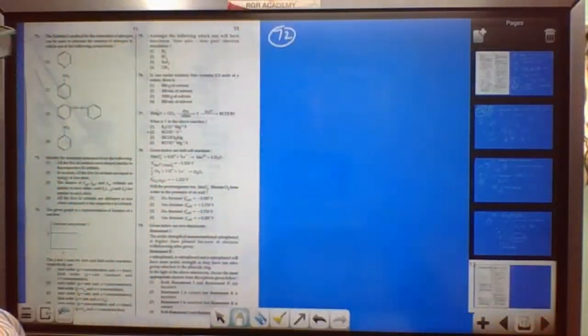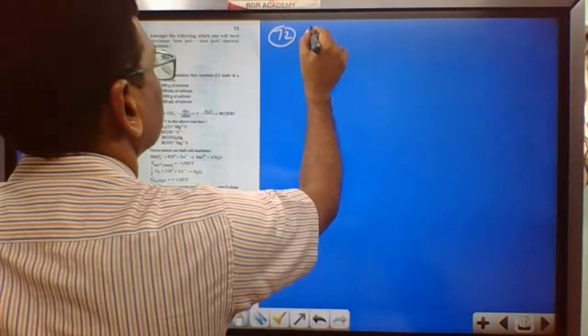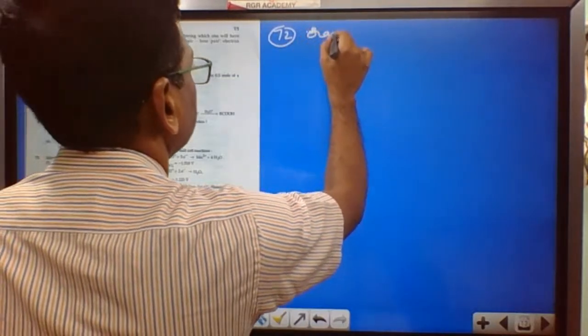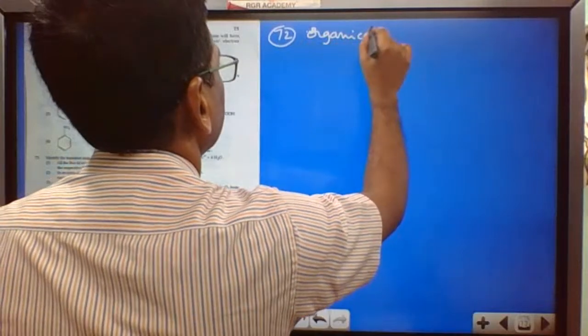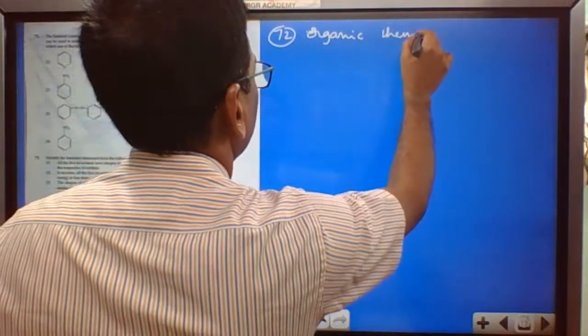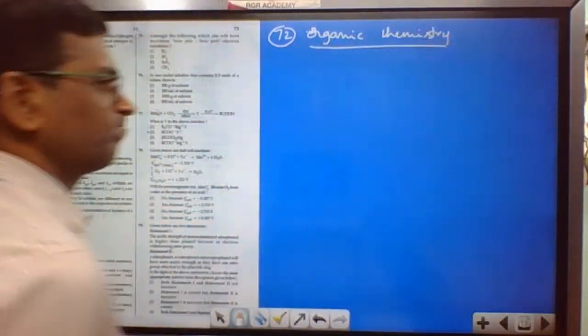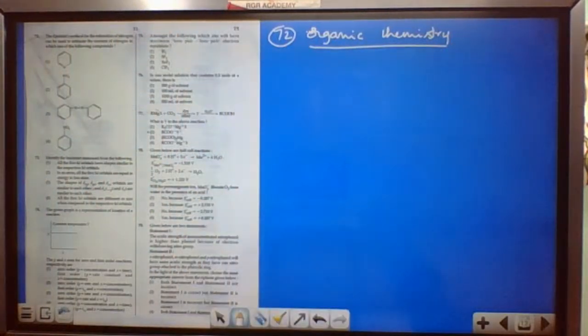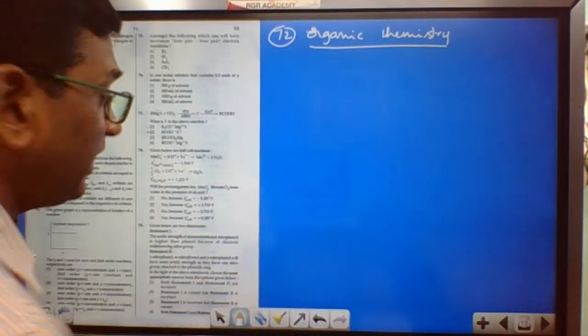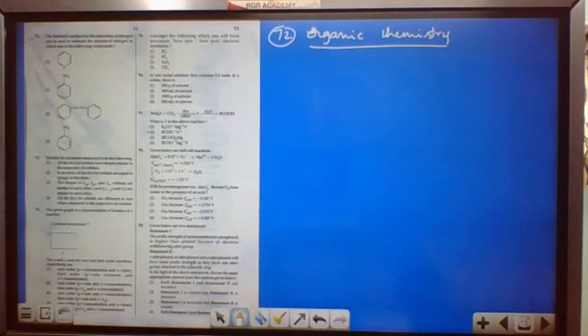This is from general organic chemistry, the first chapter of organic chemistry. This is a commonly asked question. Kjeldahl's method is used to estimate nitrogen, but there is a limitation with Kjeldahl's process.